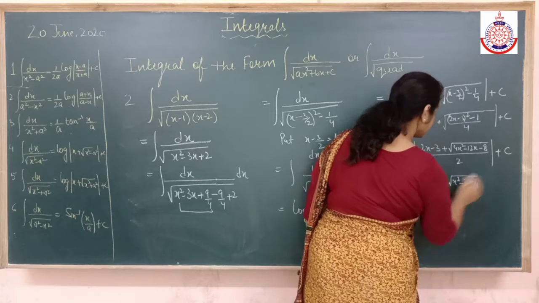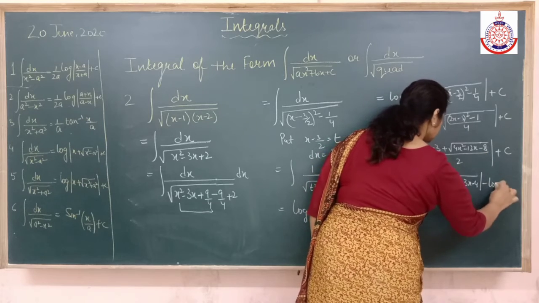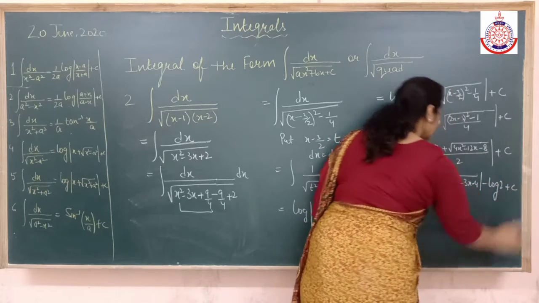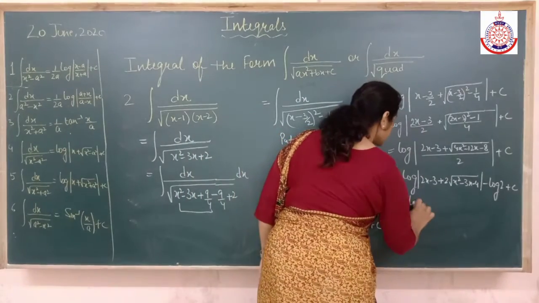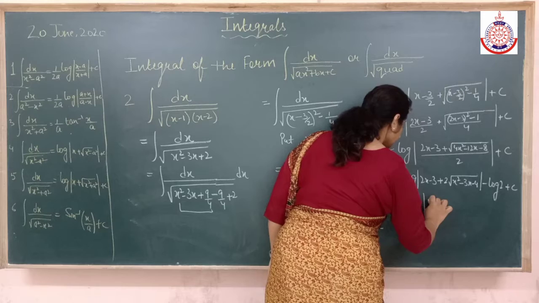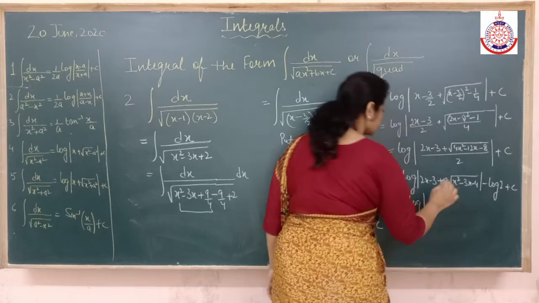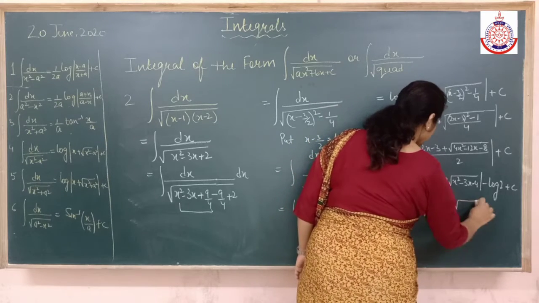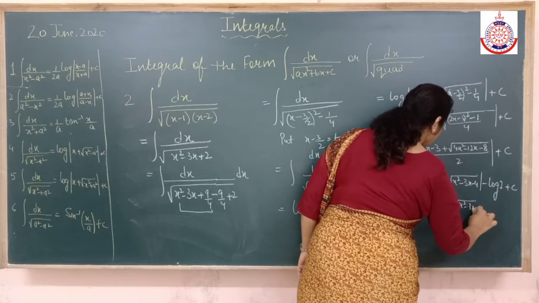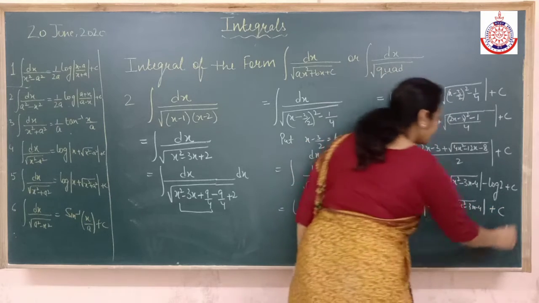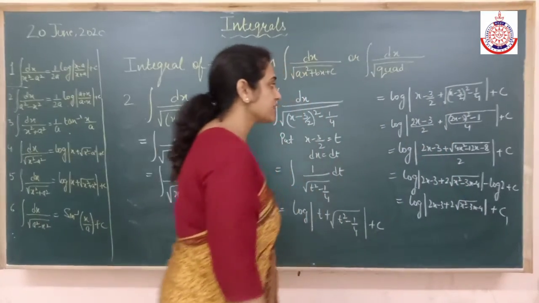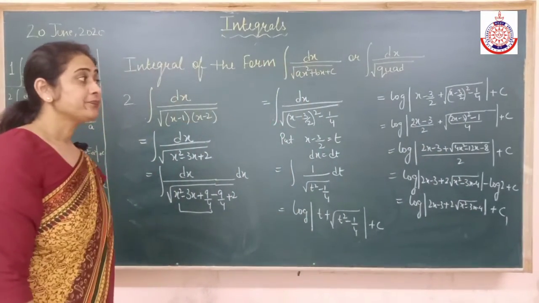Alright. This log 2 will be adjusted with C. C1 we can write down because constant plus constant gives us a constant only.